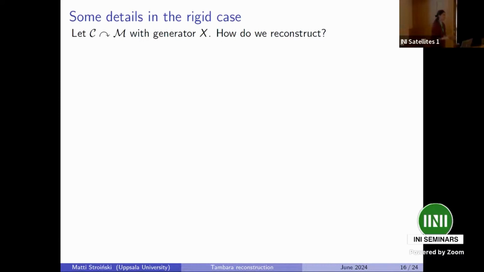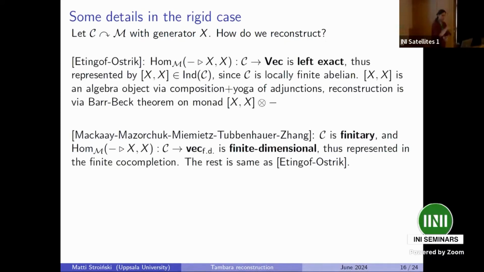So how does the reconstruction work? How do we get an algebra object? Well, let's start with some nice monoidal category, say a tensor category, acting on some nice module category with a generator X, and how do we get an algebra object? Well, when you look at the presheaf that takes something in my category C and sends it to the hom space from C acts on X to X, and in the setup of Etingof–Ostrik, we observe that this is left exact.